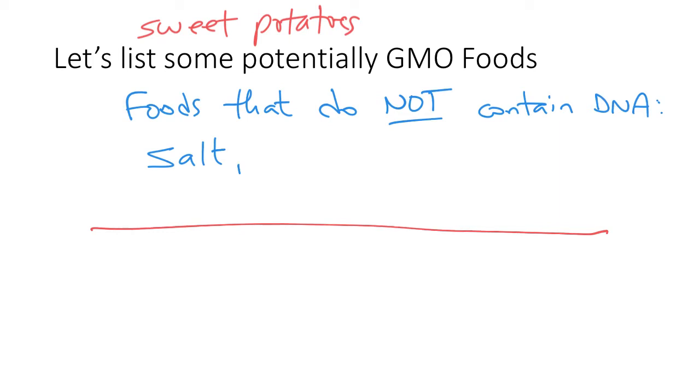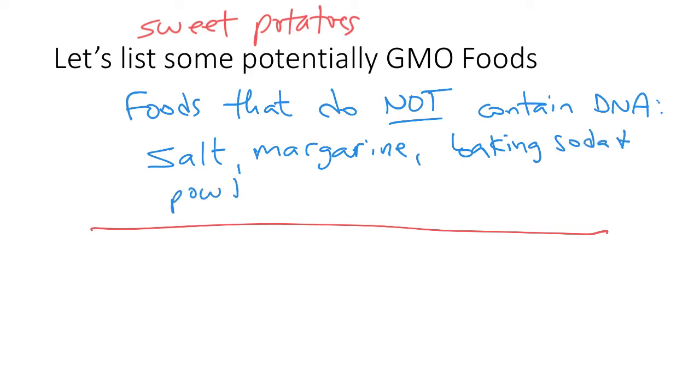The only things that we eat that don't contain DNA: margarine, a synthetic compound. I'm going to go with baking soda, baking powder. Those are chemicals, just like cream of tartar. Let's see, water. Water is not a living thing, so it doesn't have DNA. That's about it, actually. Everything else we consume, other than that short list, could potentially be genetically modified.